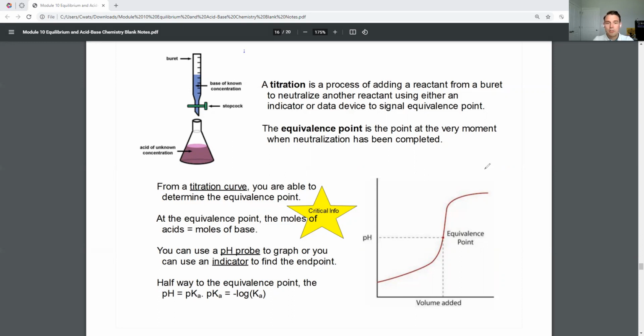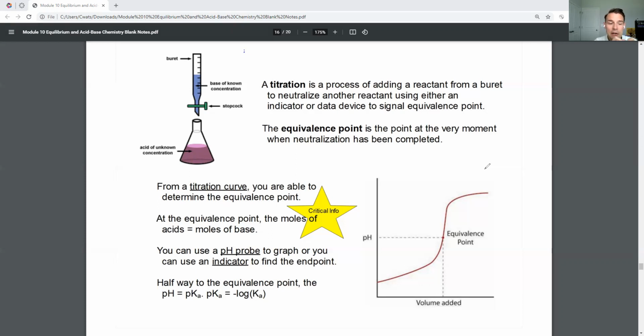So what is a titration? Titration is the process of adding a reactant from a burette to neutralize another reactant, either using an indicator or a data device to signal the equivalence point. In this example, we've got the Erlenmeyer flask with the acid in it and an indicator. The indicator that we use is called phenolphthalein.